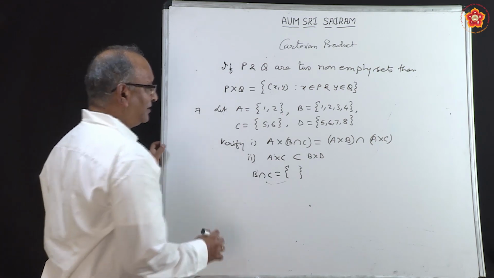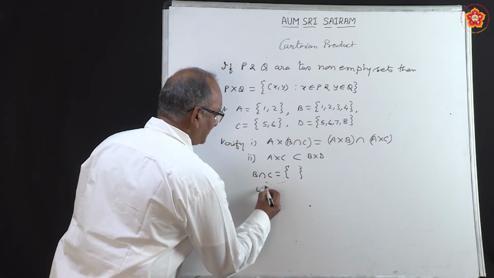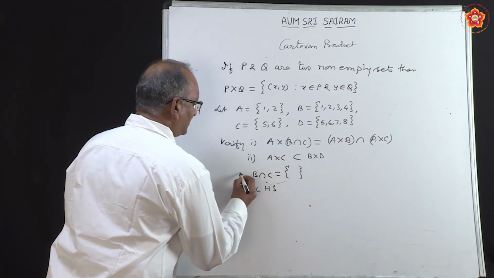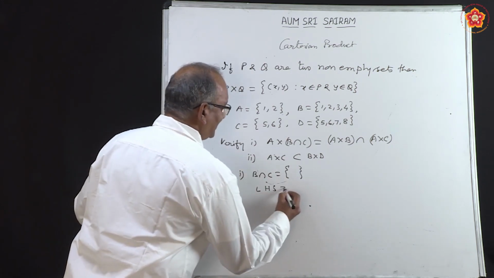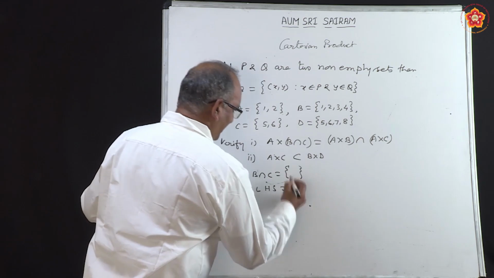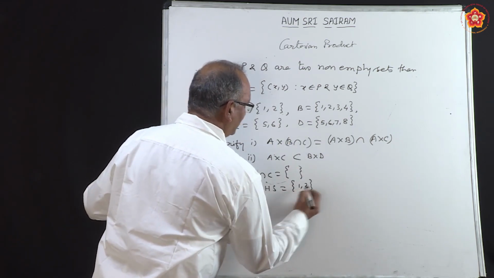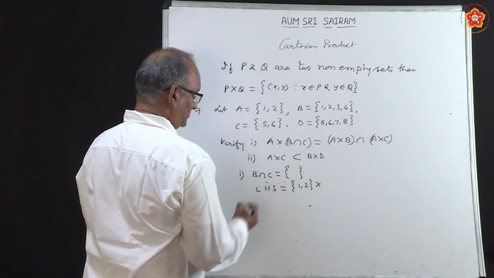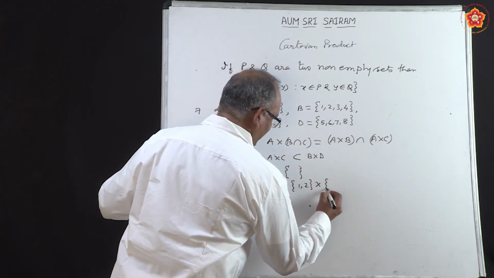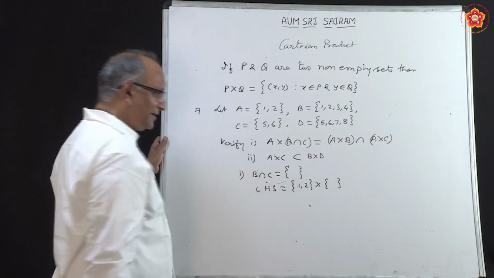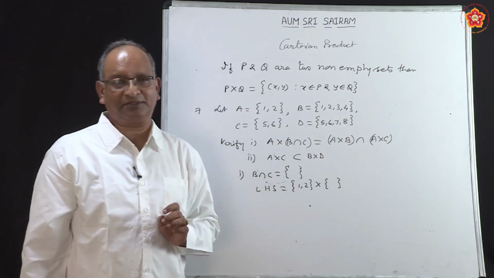Now tell me, what is the left hand side? The left hand side is A, where A is {1, 2}, cross (B intersection C). Recollect the definition of Cartesian product.